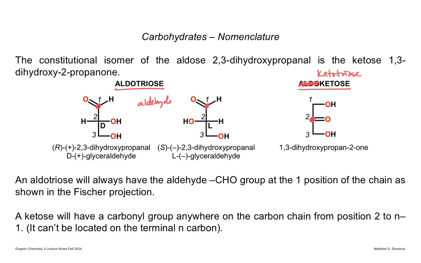So the aldoses always have the aldehyde at carbon 1. In a ketose, the carbonyl group is internal, from carbon 2 up until the N-1, so the penultimate carbon on the chain.